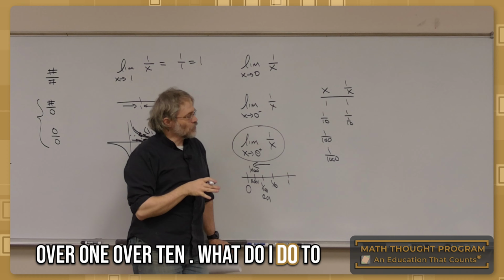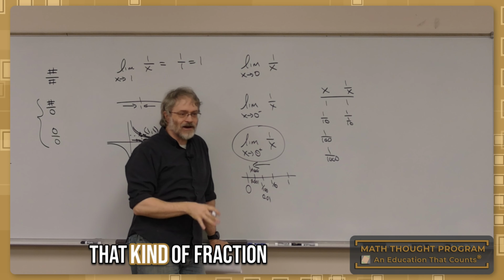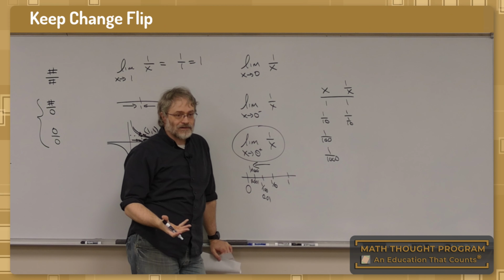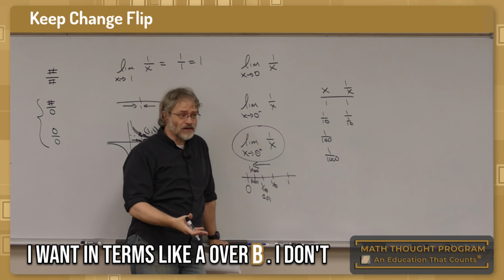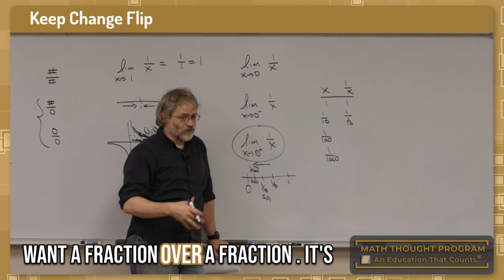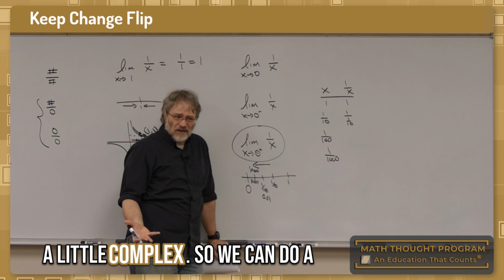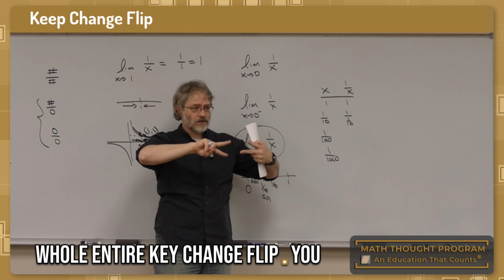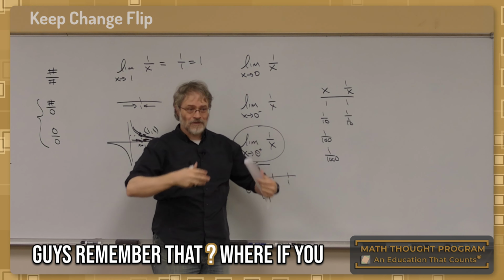What do I do to simplify that kind of fraction? I want it in terms like a over b. I don't want a fraction over a fraction. It's a little complex. So we can do a whole entire keep, change, flip. You guys remember that?